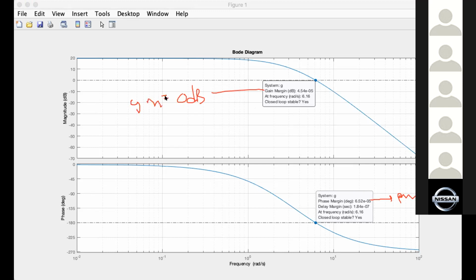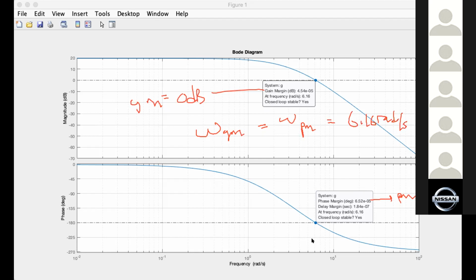The unique thing about the system when it becomes critical is that the omega for the gain margin is equal to the omega of the phase margin at 6.16 radian per second. Can you see the difference?